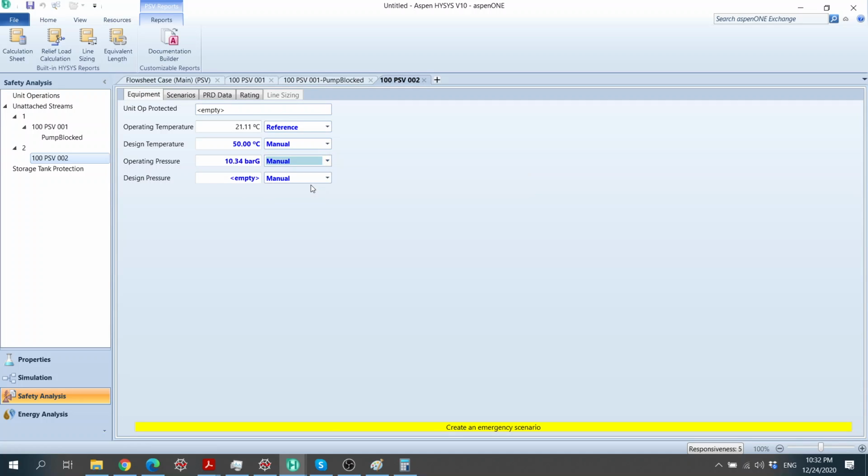Operating pressure 150. Design pressure is also 150 PSIG. Oh, it's higher than design pressure. Make it 9.